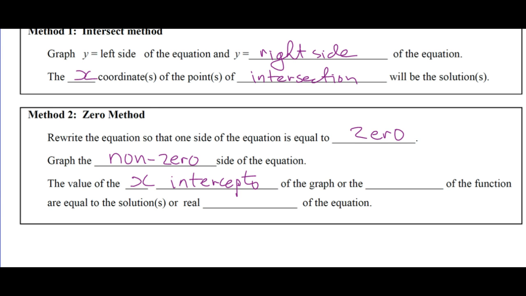So the x-intercepts of the graph, or the zeros of the function. Remember, the function is y equals, it's the whole curve. We want where that's 0, are equal to the solution, or the real roots of the equation.